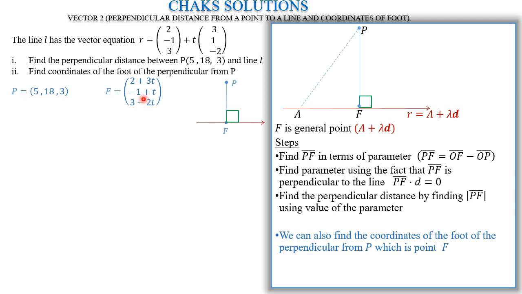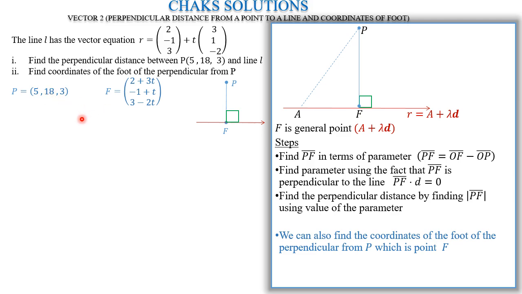Then F, the coordinates of the foot, is also the general point, which equals (2 plus 3t, -1 plus t, 3 minus 2t). That's your general point, and this is the point from which we need to find the shortest distance to the line.